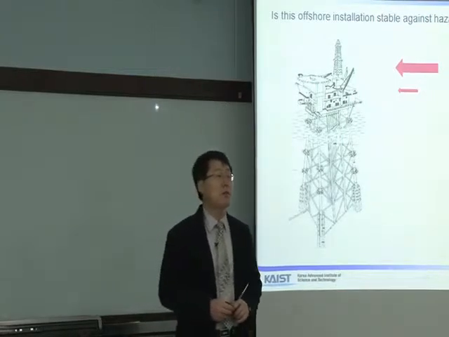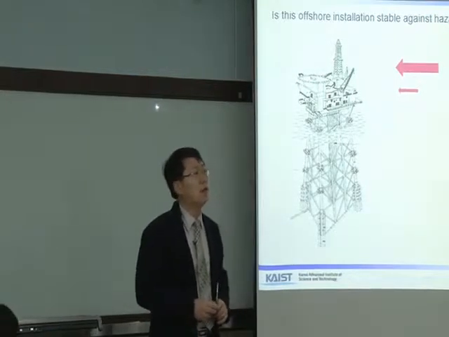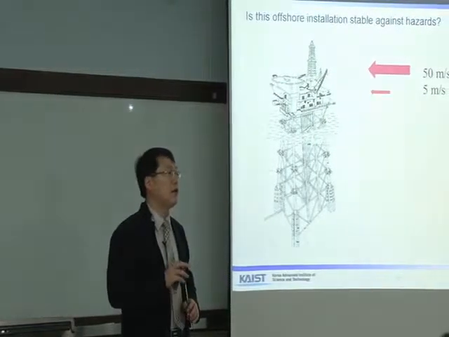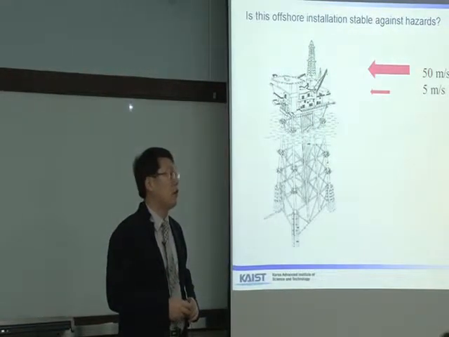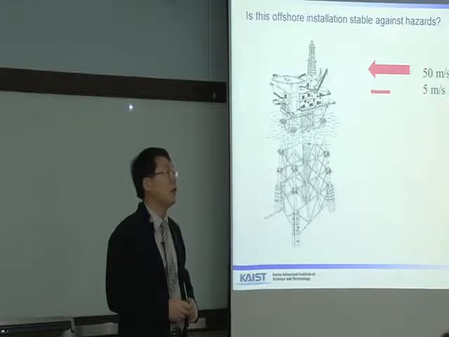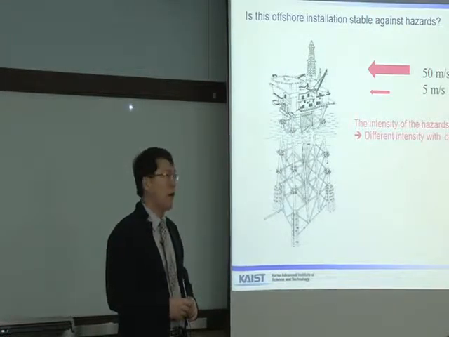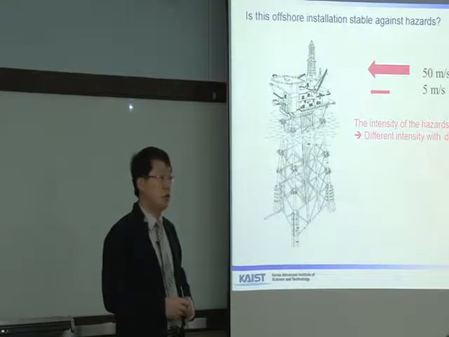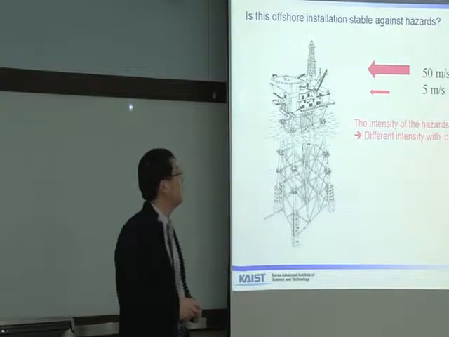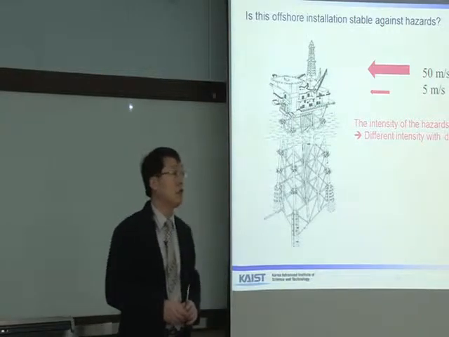But the 50 meters per sec wind has very low frequency. For example, once in 100 years. So the intensity of the hazard, in this case the wind, has a distribution with different intensity. That means different frequency.